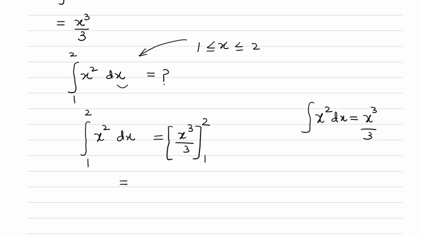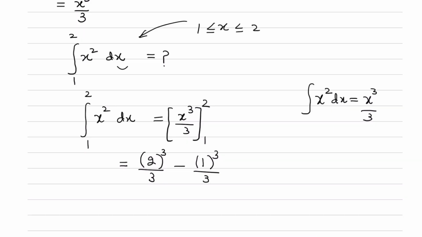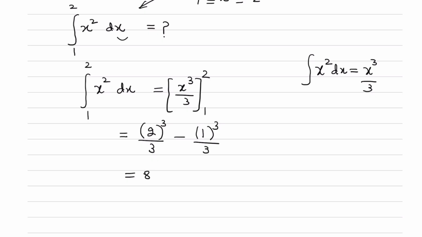Since 2 is the upper limit, you will plug 2 in the place of x in this whole function, x cubed by 3. So in the place of x you will put 2 cubed by 3 minus, you will write the same function, but this time in the place of x you will put the lower limit. You will solve this. 8 by 3 minus 1 by 3, LCM gives you 8 minus 1 by 3, and your answer is 7 by 3.